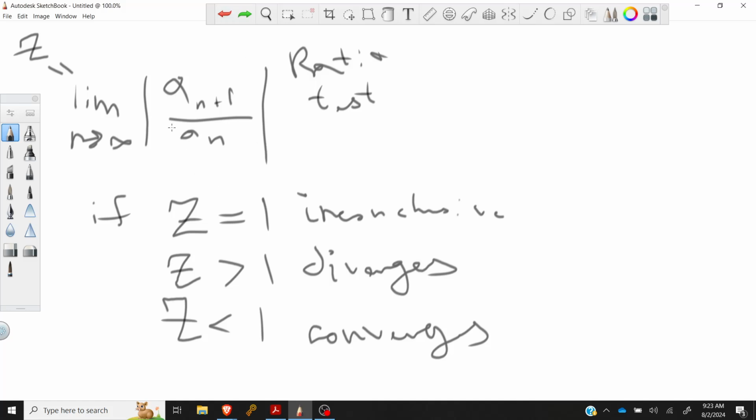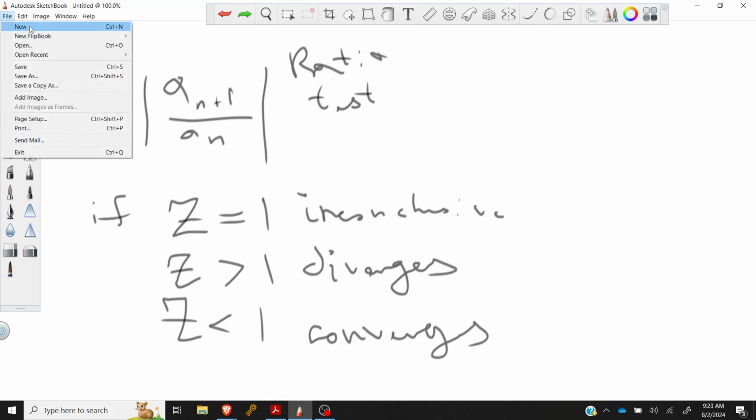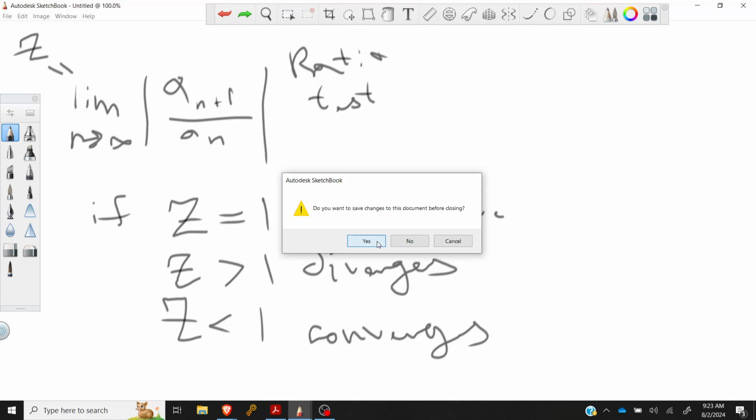But if it's less than 1, then the second to last term is larger than this last term, and that means that it's trailing off to a specific point, it's converging. But if they're equal, then it can't really tell you.